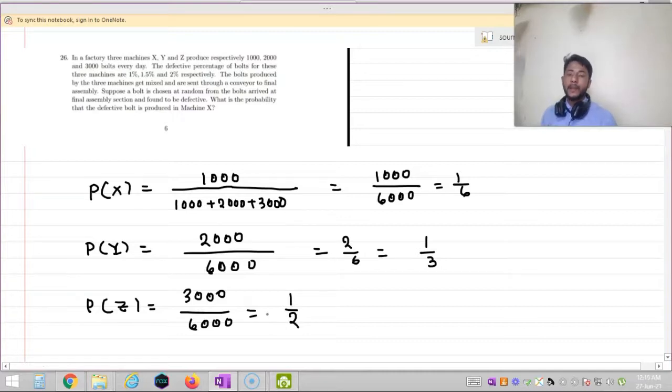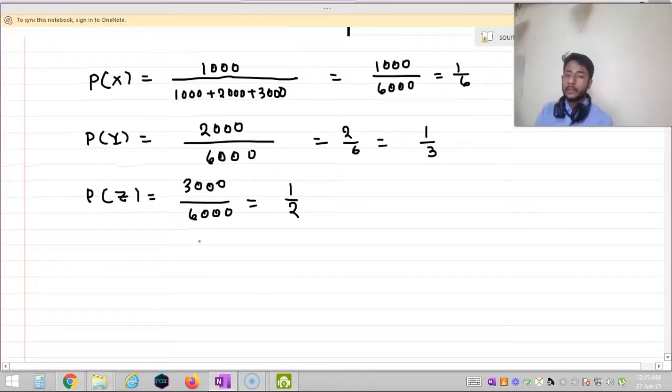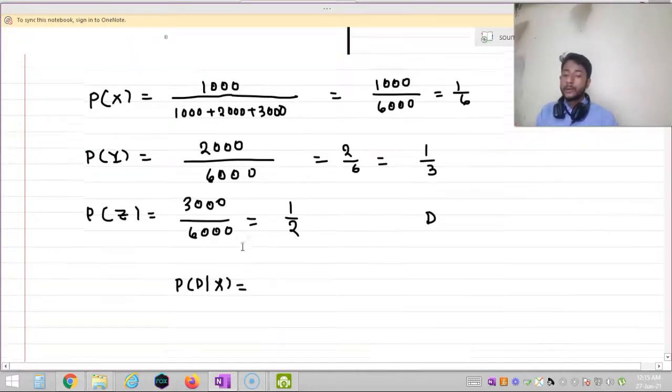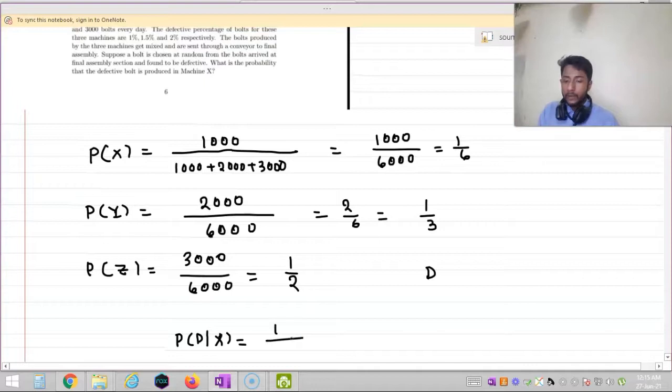Now the defective percentages of the bolts of these 3 machines are 1%, 1.5% and 2% respectively. Let D denote the defective bolts. So probability of D given X, the probability of a defective bolt produced by X, is 1%, so this is 1 by 100.